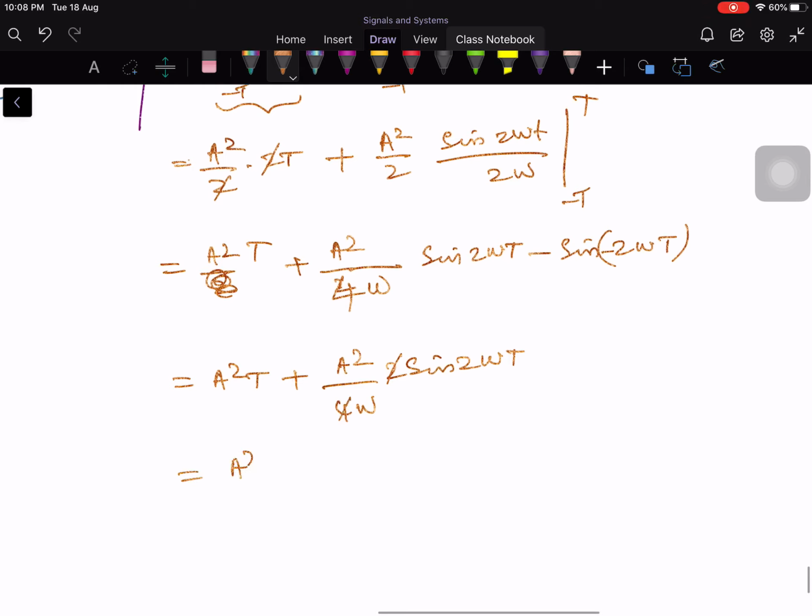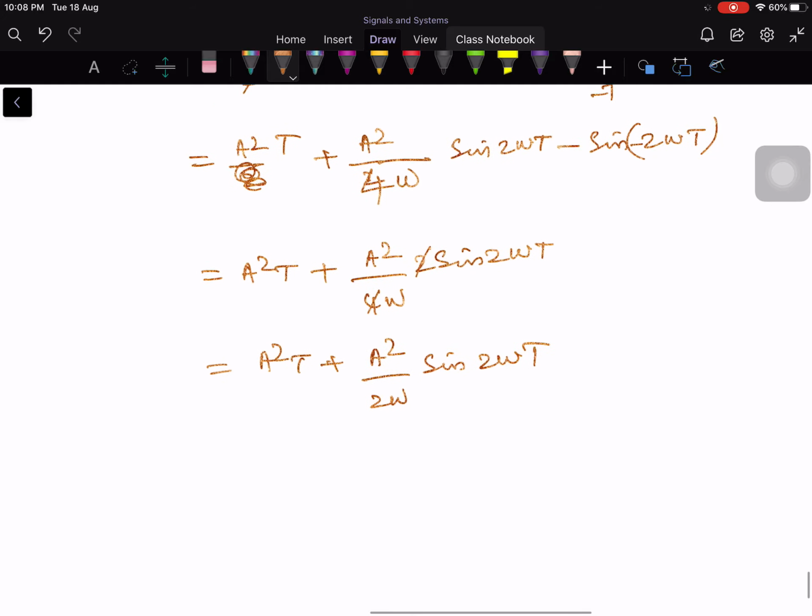So A squared T plus A squared over 2 omega sin of 2 omega T. What else is left? Okay, so that's it. This is the final thing.